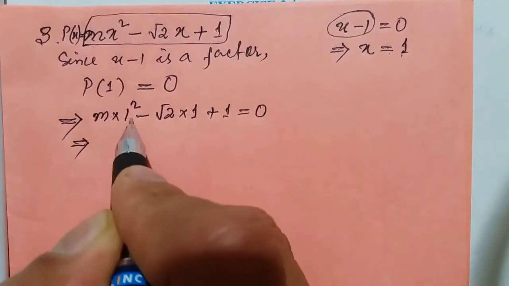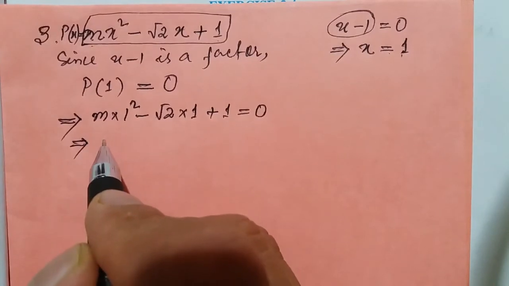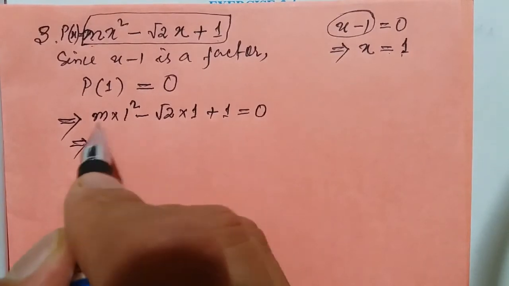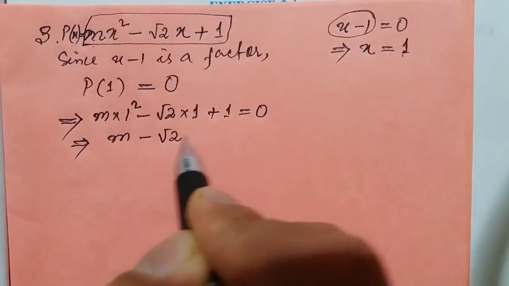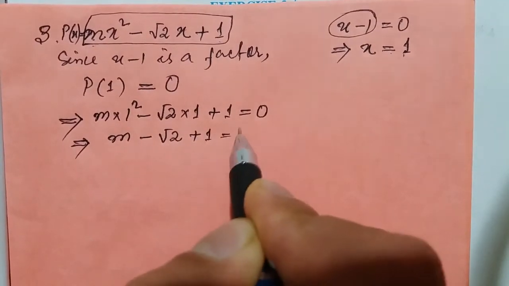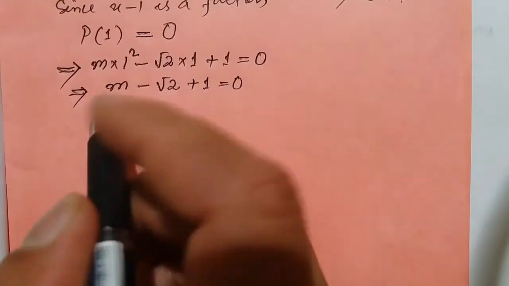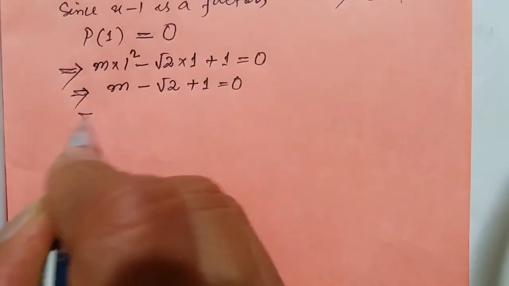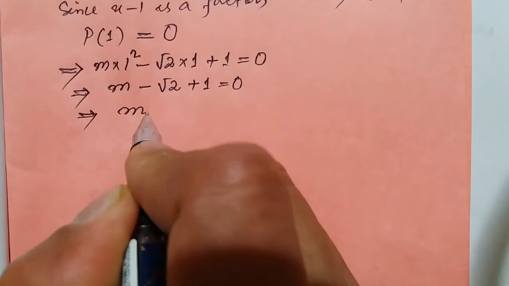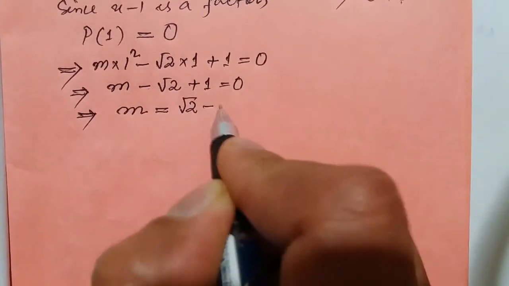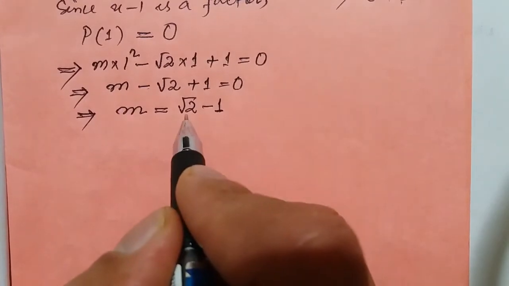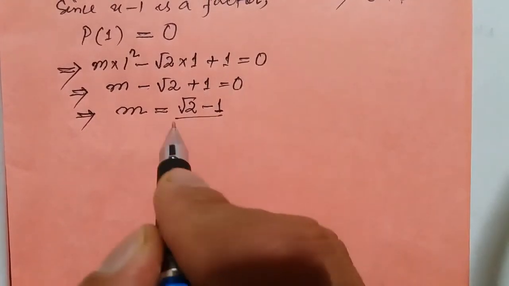Now 1 square is 1, 1 into m is m, minus root 2 into 1 is root 2, plus 1 is equal to 0. Now let's transpose the minus root 2 and plus 1 to the right hand side. Minus becomes plus and plus becomes minus, so we get root 2 minus 1. So this is the value of m.